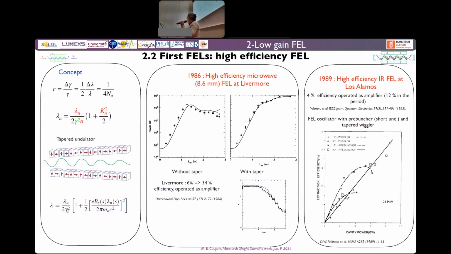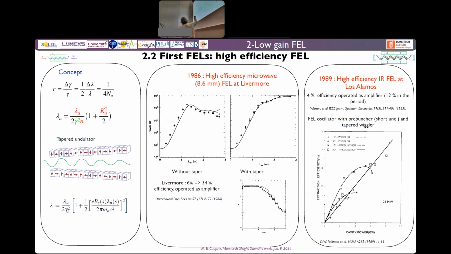What we do when we saturate, when we exchange this energy, we reduce the electron beam energy. So to keep the resonant wavelength valid, we can change the undulator parameter. Either we change slightly the undulator period or we change the undulator field.